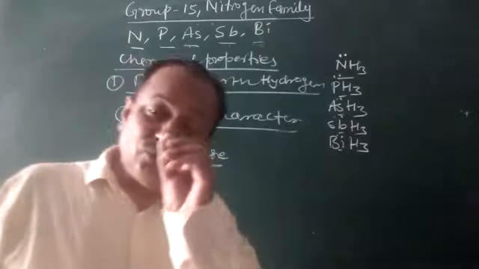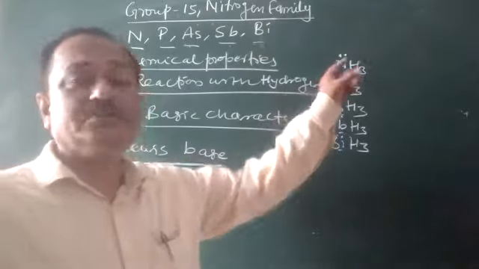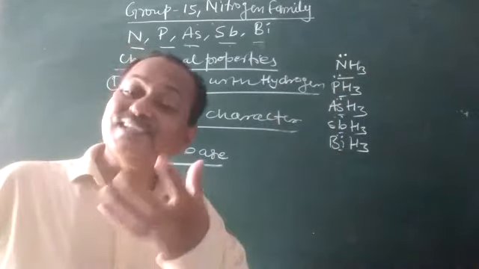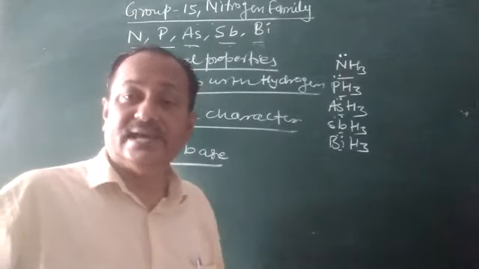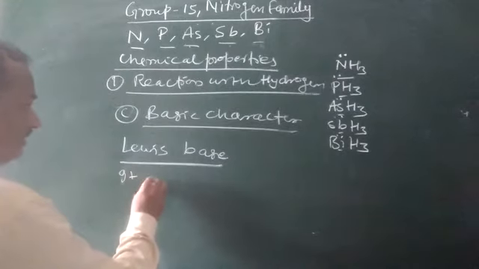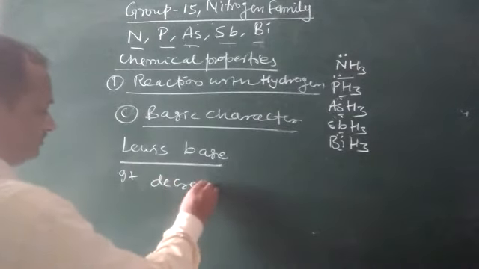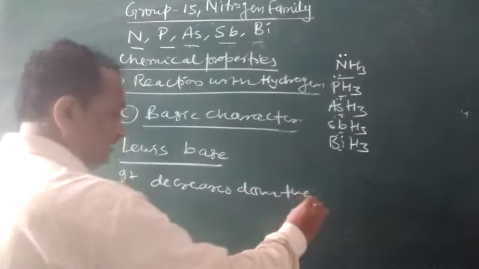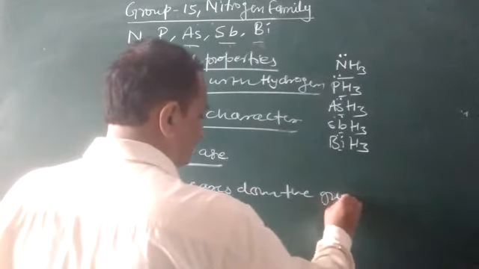So the electron density will be maximum on the smaller nitrogen. The electron density is scattered on the largest bismuth. So it decreases down the group.